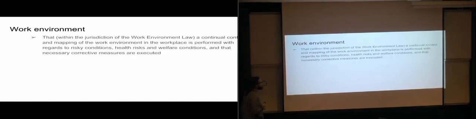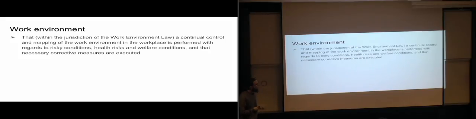For the work environment, within the jurisdiction of the work environment law, a continual control and mapping of the work environment in the workplace is to be performed. And this is with regards to risky conditions, health risks, welfare conditions, and necessary corrective measures are to be executed.